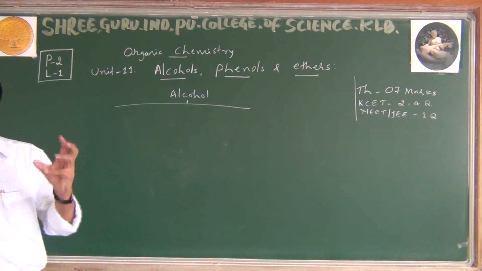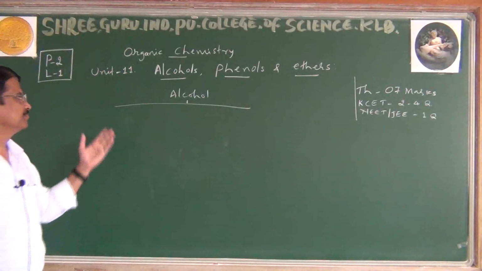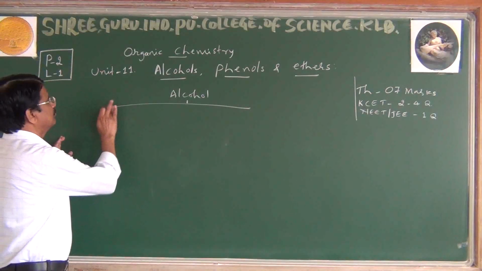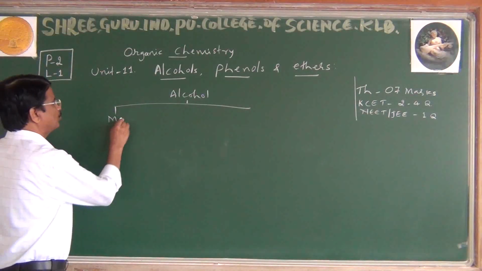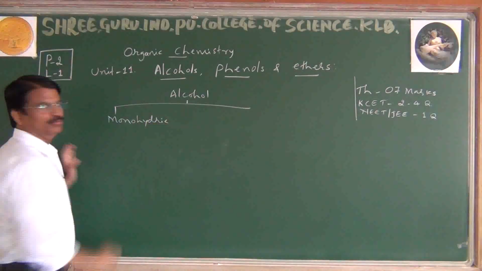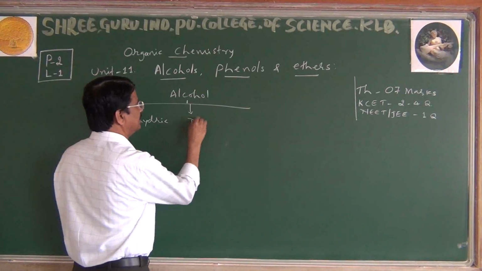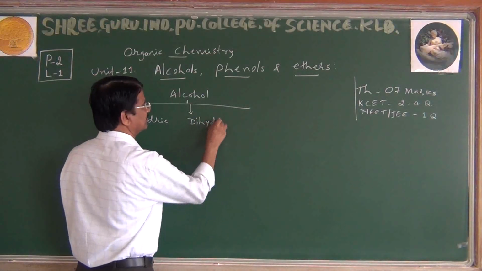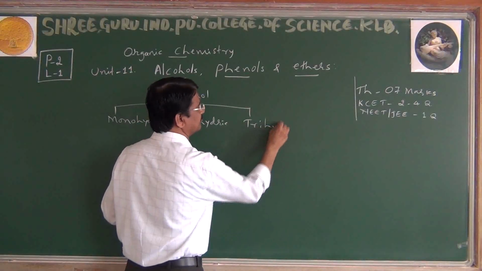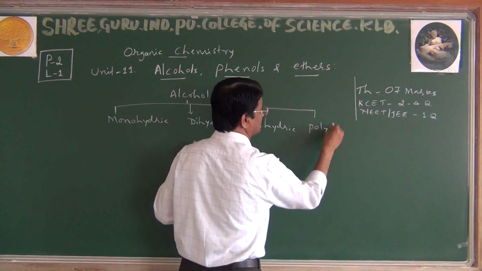Based on the number of OH groups, we can classify alcohol into different types. They are monohydric alcohol, dihydric alcohols, trihydric alcohols, and polyhydric alcohols.